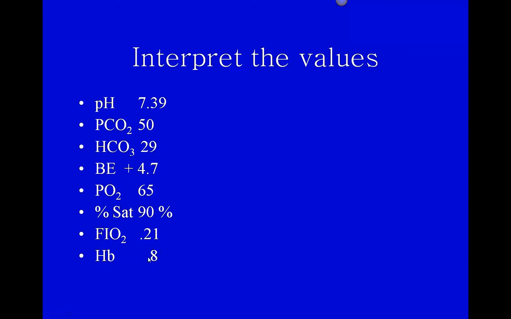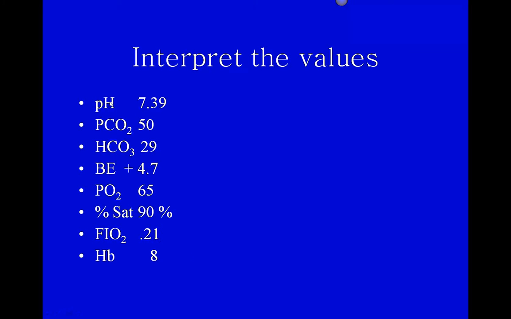Normal hemoglobin for a female should be 12 to 14, for a male 14 to 18. So we have a lower hemoglobin than I should. So they have a little bit of a lower ability to carry oxygen to the cells than they normally should, but they're not hypoxemic. This is not less than 60. This is not less than 90.